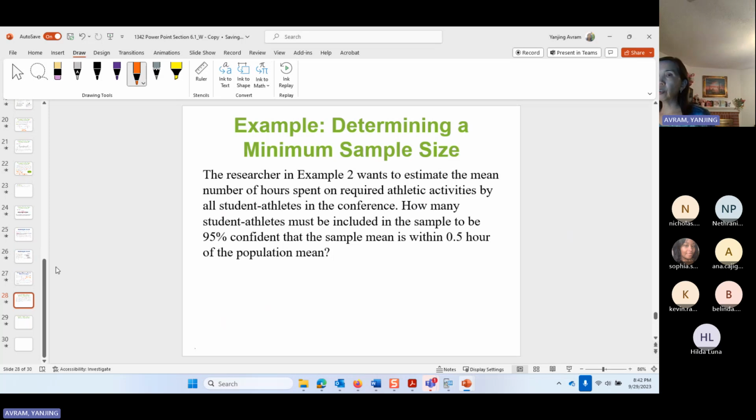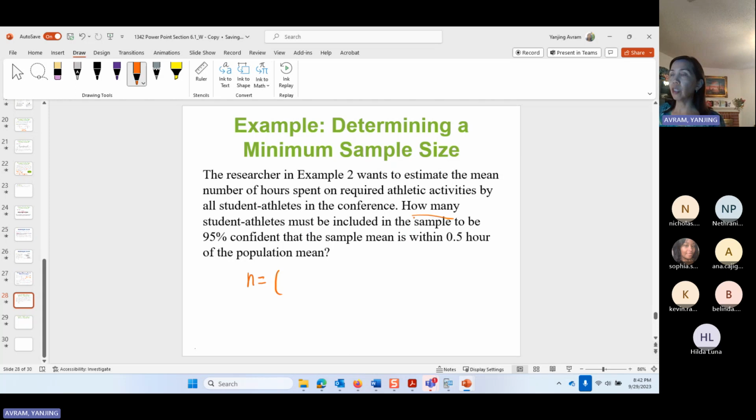All right, so let's look at this one right here. If the researcher in example 2 wants to estimate the mean number of hours spent on the required activity by all student athletes in the conference, how many student athletes must be included in a sample if you want to be 95% confident that the sample mean is within 0.5 hour of the population mean?